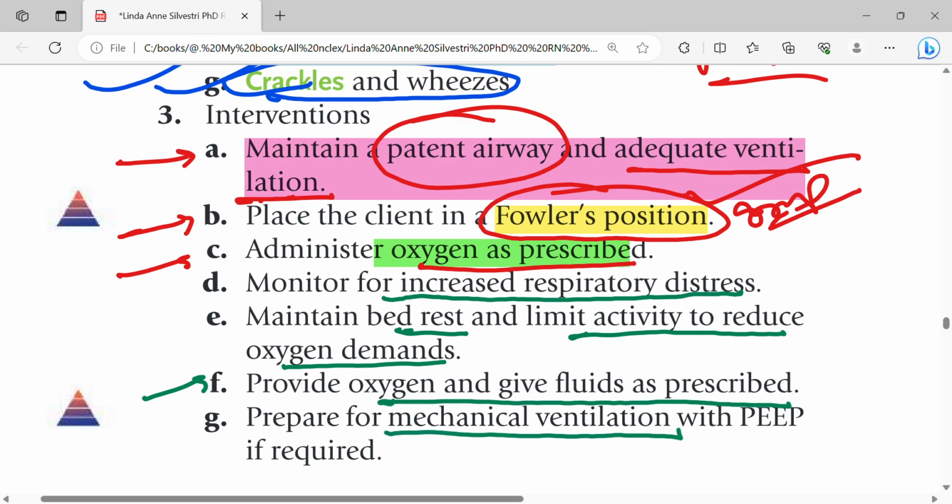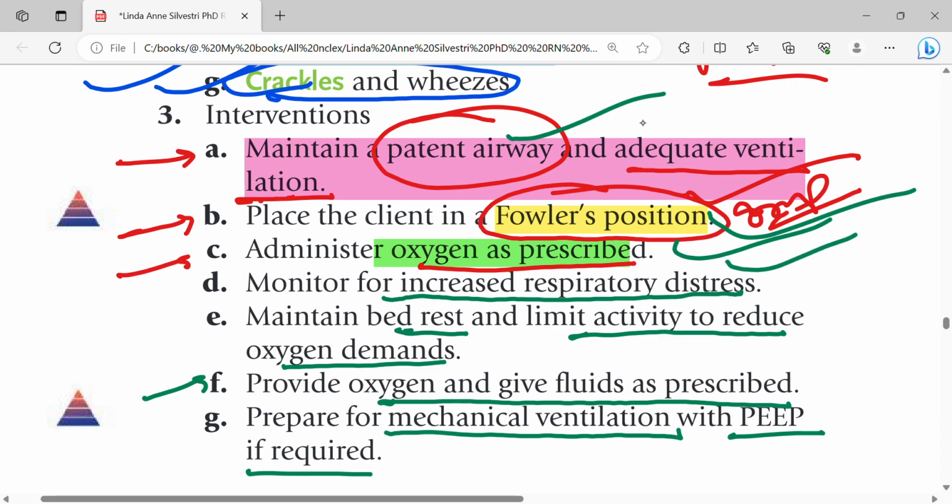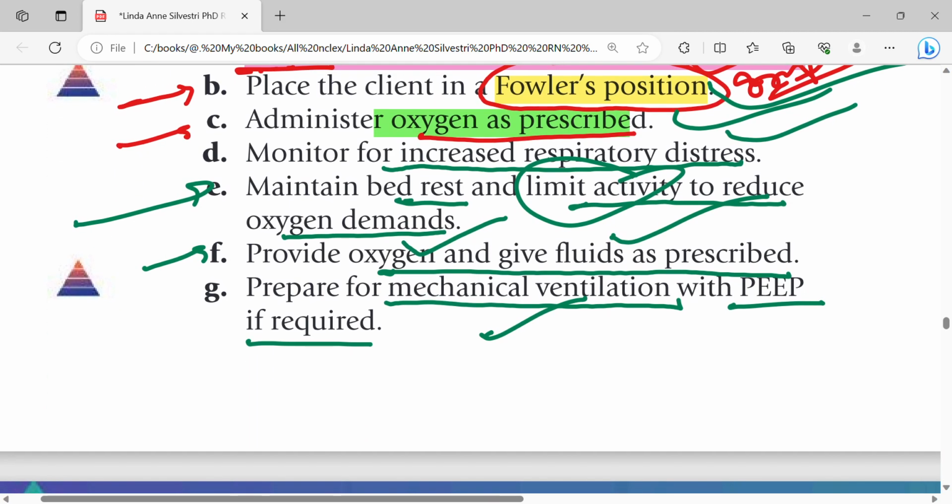Prepare for mechanical ventilation with PEEP if required. So for intervention: maintain the patent airway, provide Fowler's position, provide oxygen if prescribed, and monitor whether respiratory distress is increasing or decreasing.